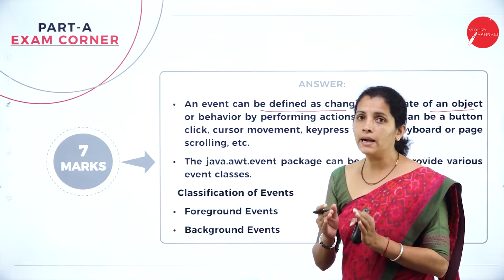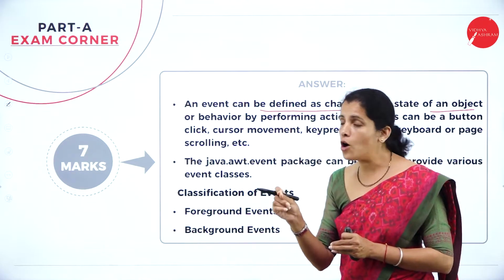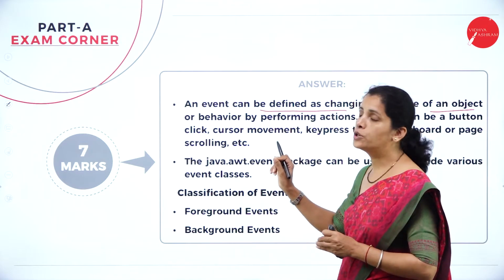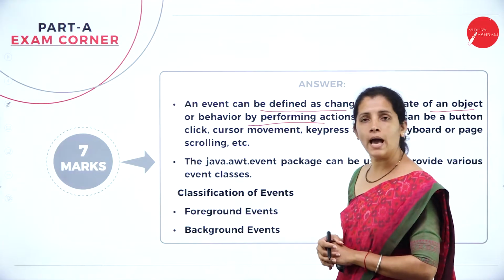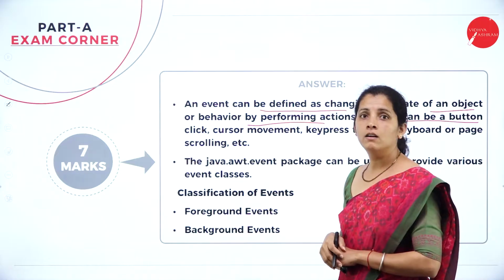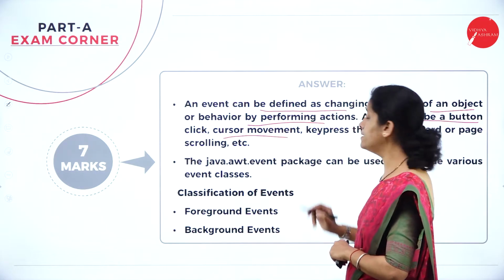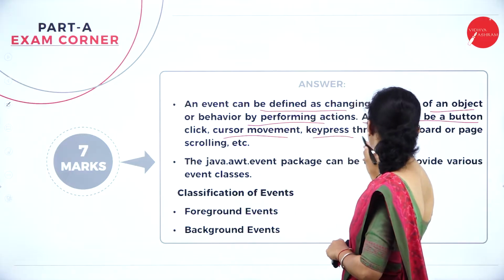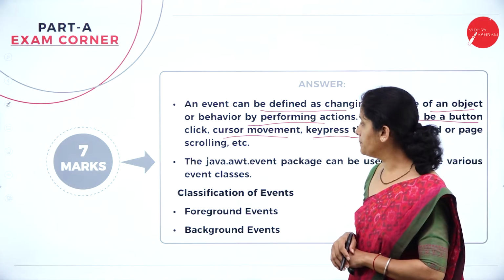When I press the button, it's going to change the behavior of an object by performing some actions. So actions can be a mouse button click, or cursor movement, or key press through the keyboard, or page scrolling.